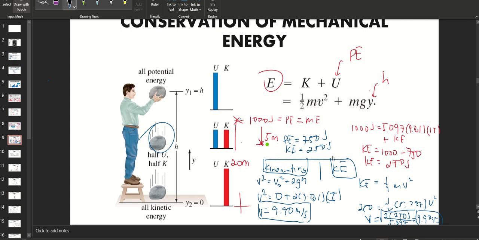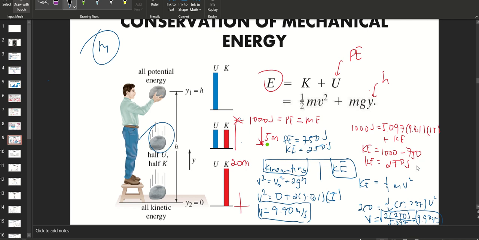But in kinetic energy, when we talk about energy, there will always be consideration of mass. Nevertheless, they arrive at the same answer because they basically have the same guiding principle.